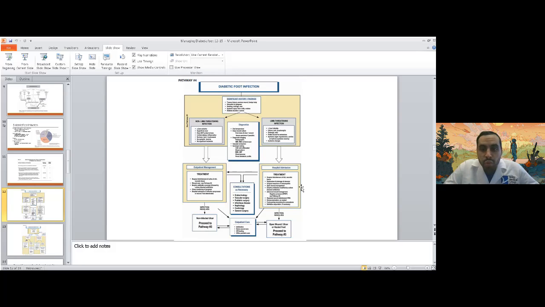Sometimes you might need advanced wound care in a wound care center. So basically, when it gets this bad, you're going to have to be admitted to the hospital. And then there's a big team involved in treating the diabetic patient, including endocrinology, vascular, podiatry, infectious disease, nephrology, cardiology, and sometimes general surgery.